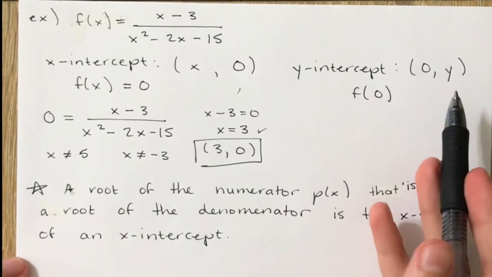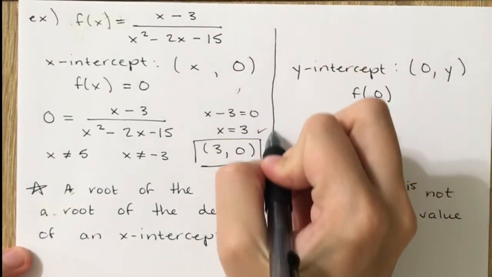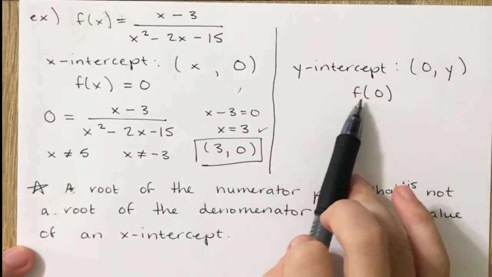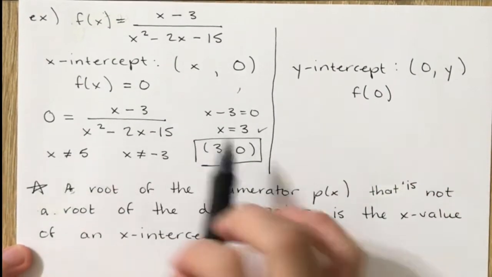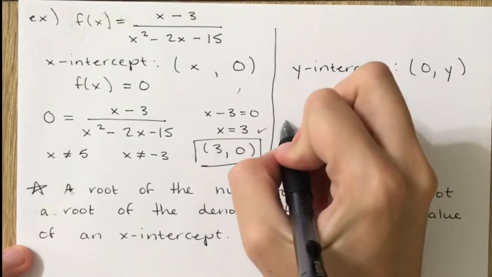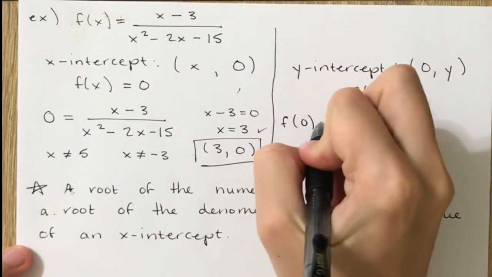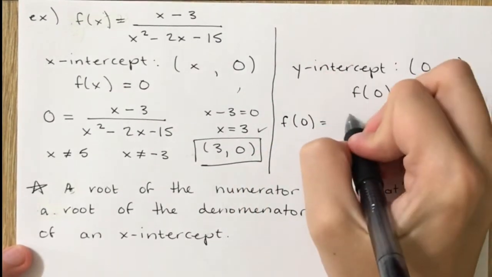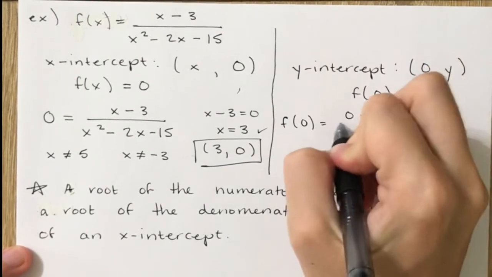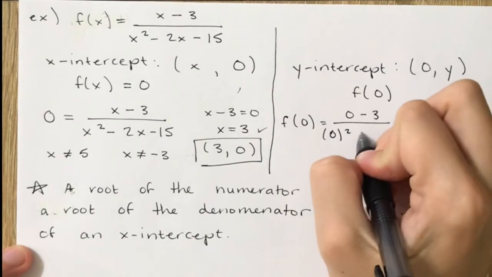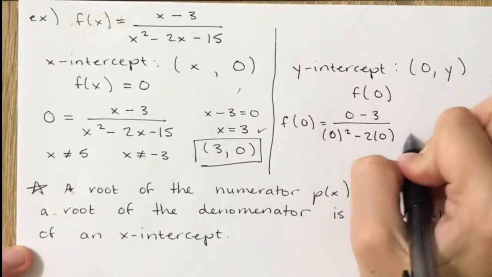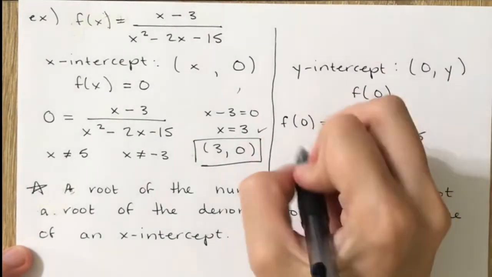Now, moving on to the y-intercept, I'll split this up with a line. Again, we said we wanted to find f of 0. That's much more simple than this. f of 0 just means we plug in 0 everywhere we see x. So we've got 0 minus 3 over 0 squared minus 2 times 0 minus 15.